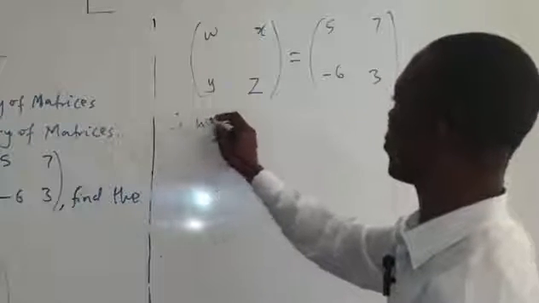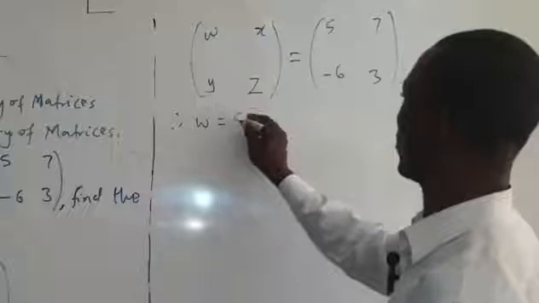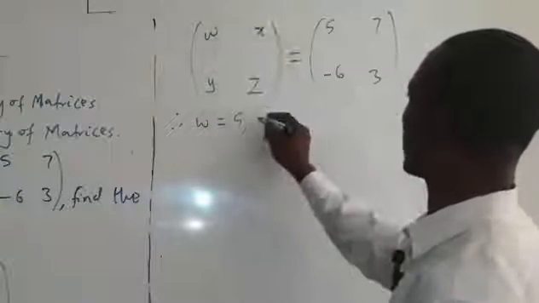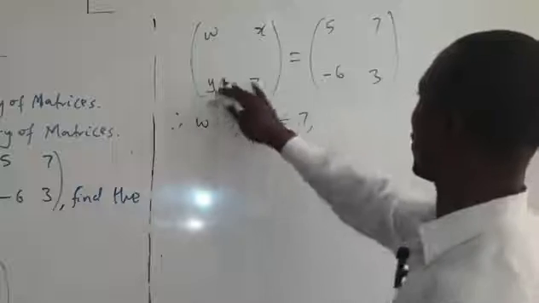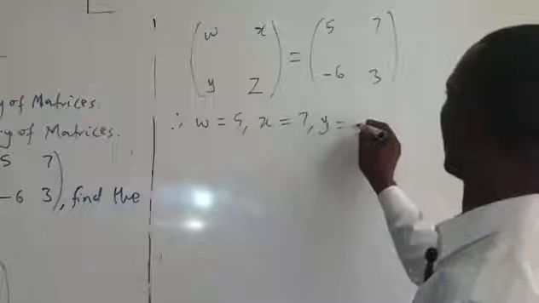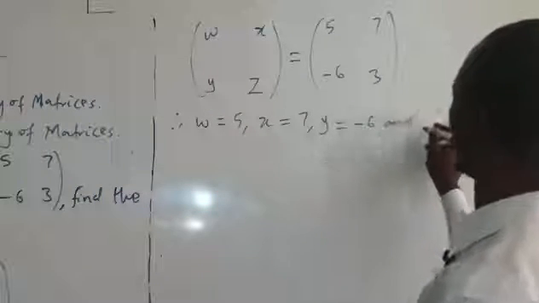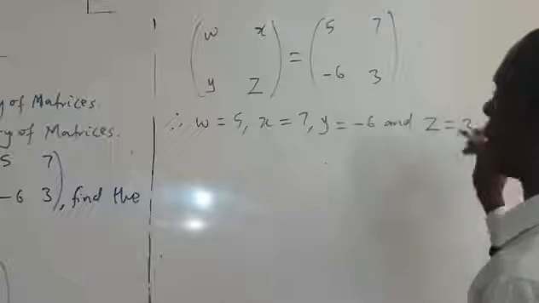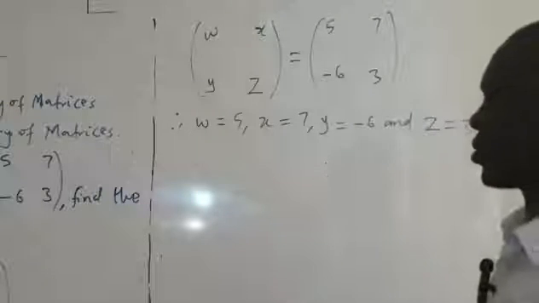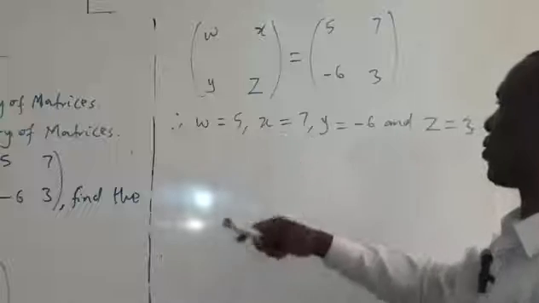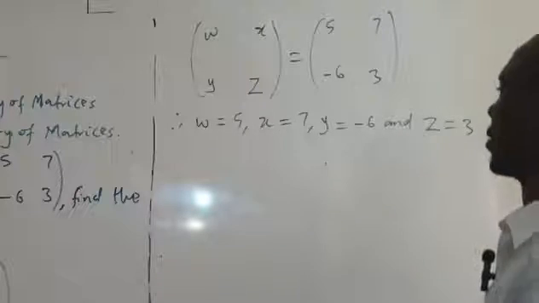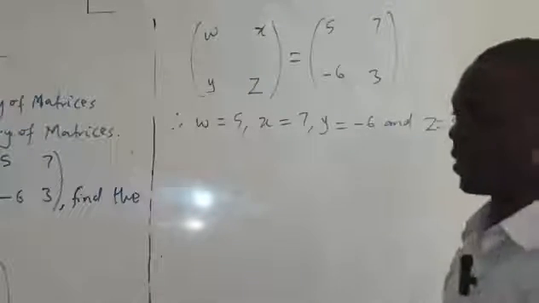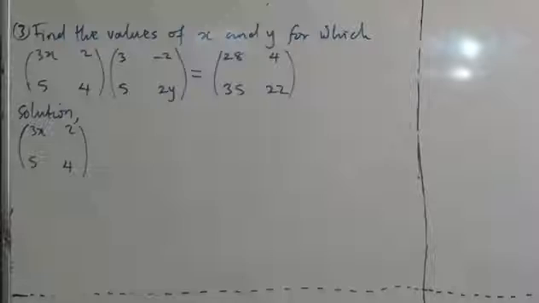Therefore, W equals 5, X equals 7, Y equals minus 6, and Z equals 3. So this is example 2. We have W to be 5, X to be 7, Y to be minus 6, and Z to be 3. So thank you. Question number 3.